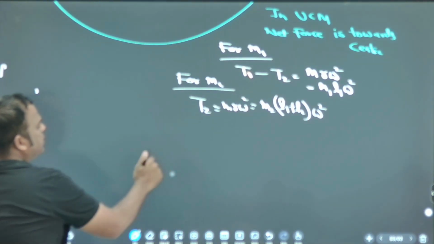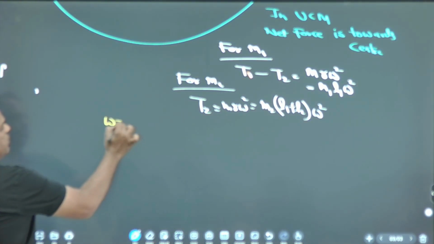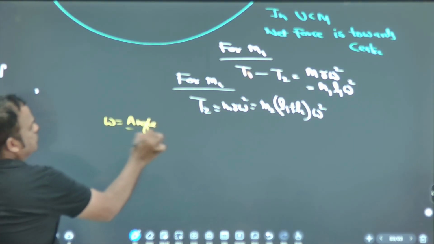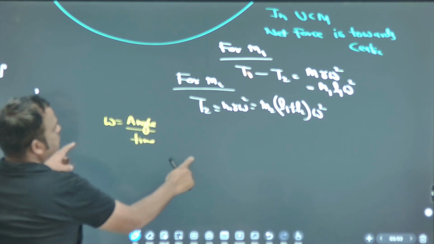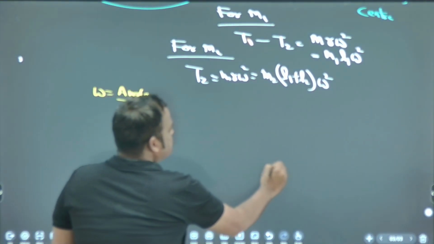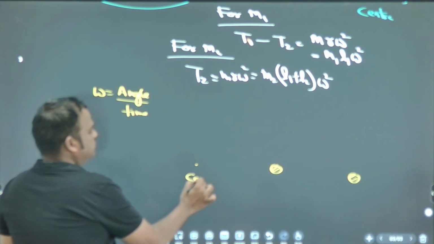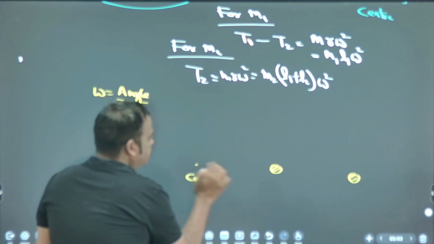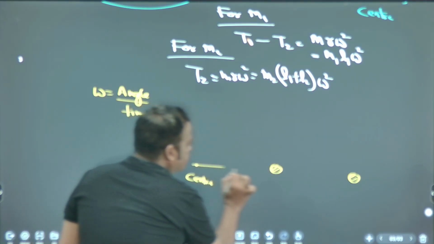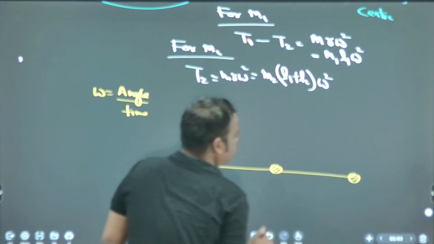What do you mean by omega? Angle upon time. Omega is equal to angle by time. Suppose one ball is here, another ball is here, and this is the center. This ball is connected to the center with a string, and this ball is also connected to this ball with a string.